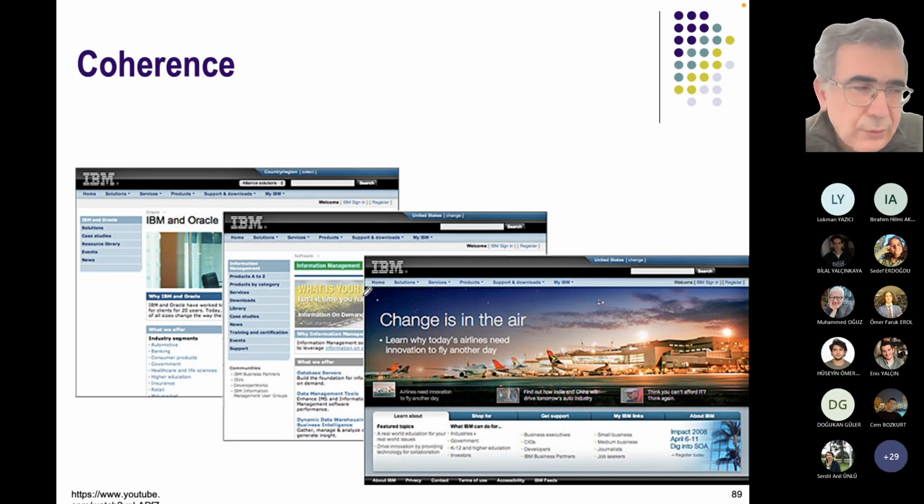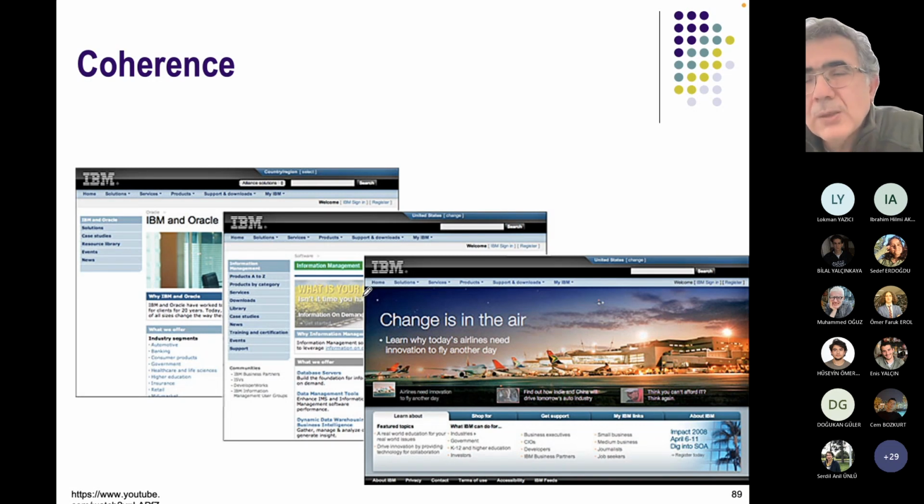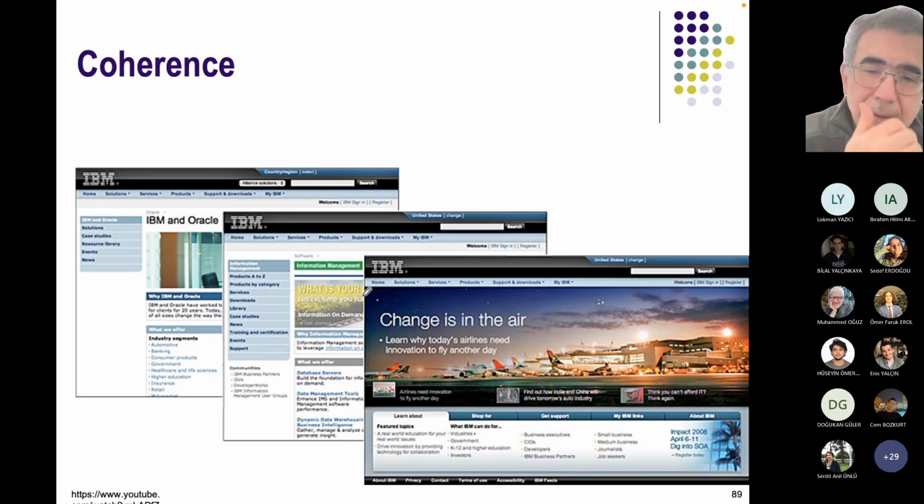In order to focus on these more, pick up a book called Visual Communication and try to read visual communication book once, and then you will end up being much more capable in designing coherent websites and coherent content.